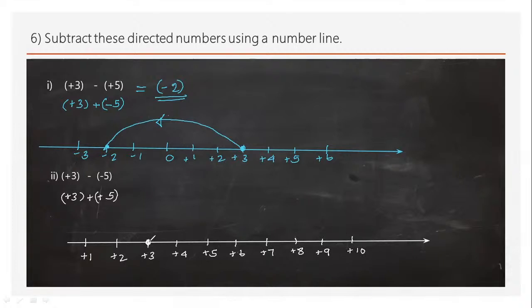Mark it here. And jump 5 places towards the positive side: 1, 2, 3, 4, 5. Now read the answer here. That is plus 8. Answer is plus 8. Right. Let's do the next one.